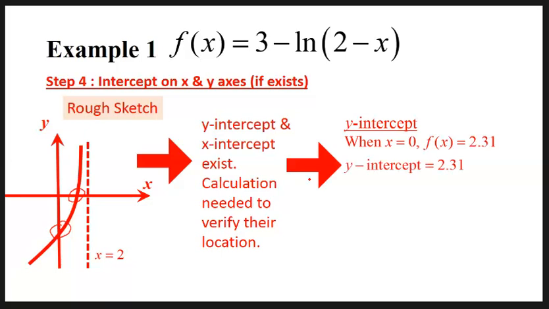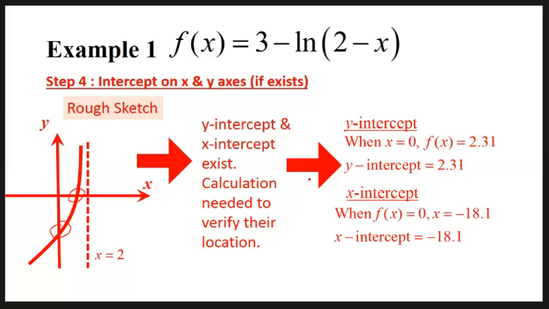So for the y-intercept, we have x equal to 0 substituted into the function, and this gives me the result y = 2.31, which is the y-intercept value up to 3 significant figures. And then for the x-intercept, we let the function equal 0 and solve by using a calculator. I find out that the answer is equal to -18.1.